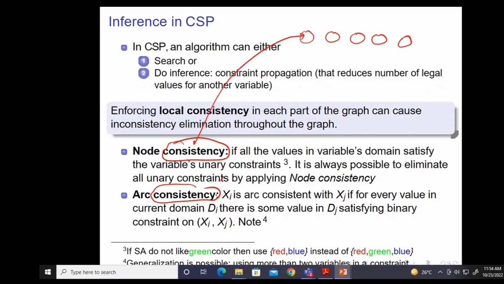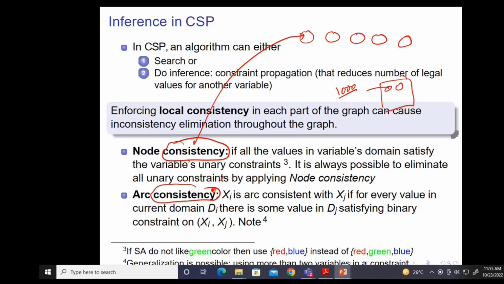Okay. And then there is also a term called arc consistency, and you can relate it to your database systems. For example, if there is a bank, in every account there should be a minimum bank balance of 1000 rupees.